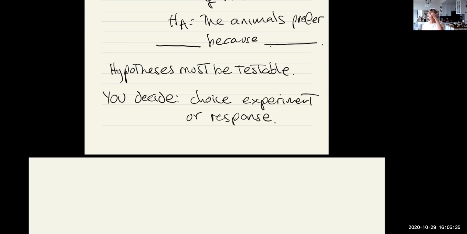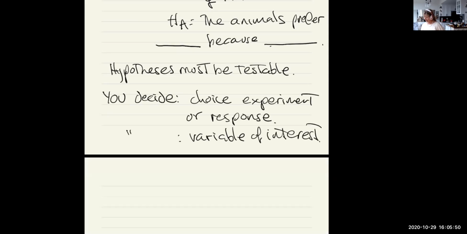So that's one decision that you need to make. You decide on your variable of interest. Is it temperature, salinity? We can measure a lot of different things.